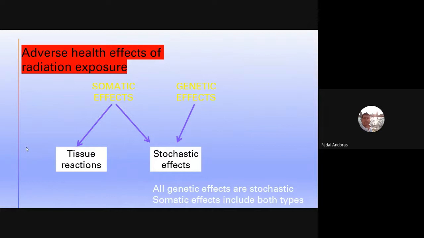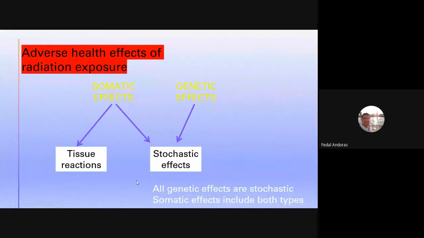Again, the adverse health effects of radiation: we talked previously about somatic and genetic. So somatic effect can be subdivided into tissue reaction or stochastic effect, but the genetic one is just stochastic effect. So all genetic effects are stochastic. Somatic effects include both types.